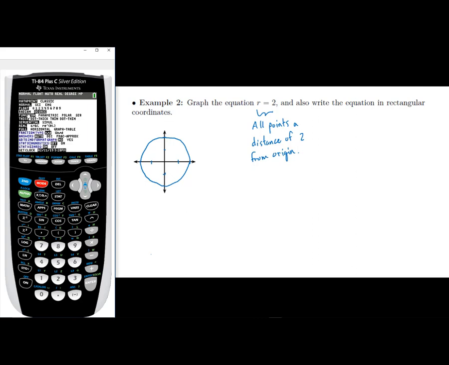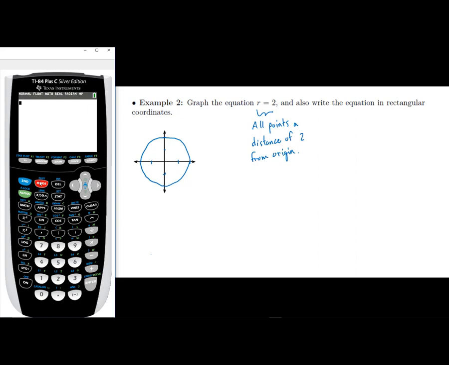First of all, we want to be in radian mode for graphs that we're going to be creating when we work in polar coordinates. So I'll put it in radian mode. But then you go down to this set of options: function, parametric, polar. We want polar. So we hit enter on polar, and then we go quit.